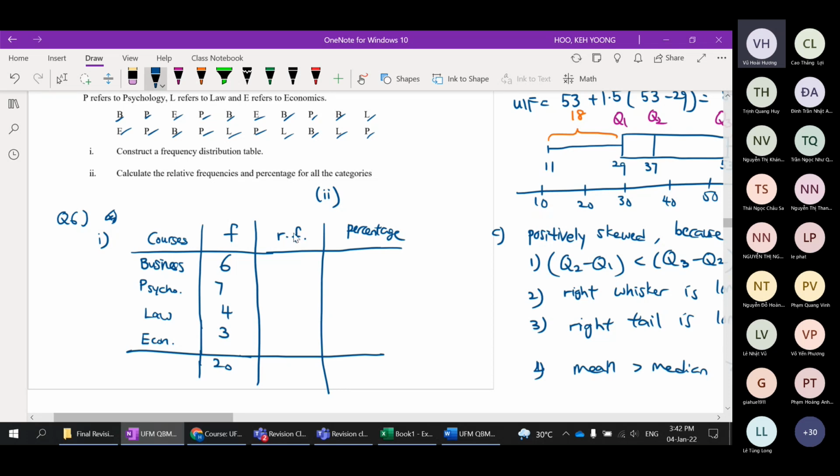So how to calculate the relative frequency? We take the frequency divided by the total frequency. Of course you don't have to show the workings in the table. You can just straight away press it in your calculator and write down the answers.